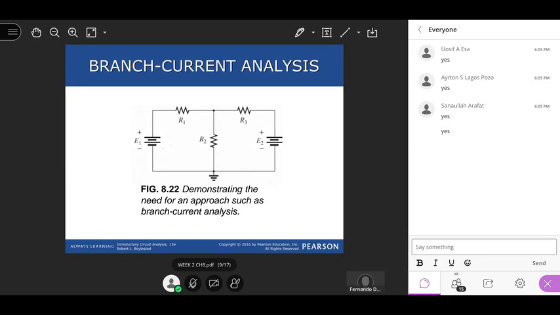So what we do first, I mentioned, we assign a current to each branch, right?